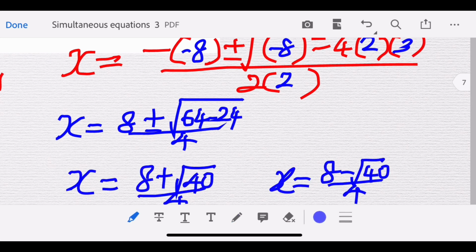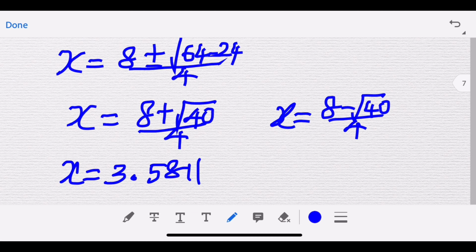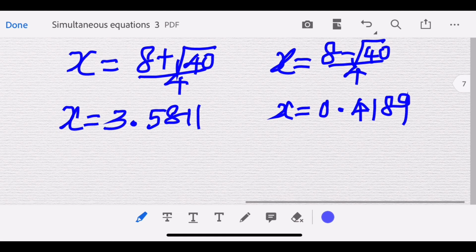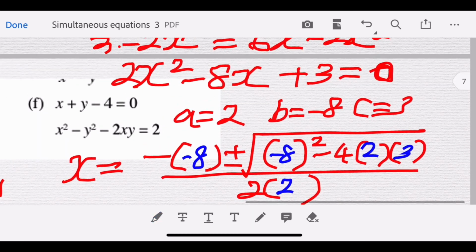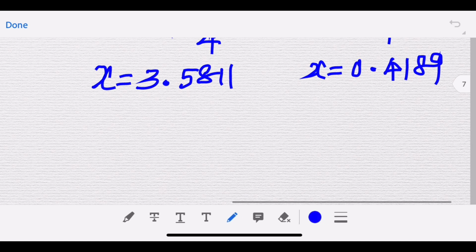If you solve it, you will get the answer in decimal places. Normally we prefer the answer in 4 significant figures if no instruction is given. We haven't solved the answer yet. We have to find y. y is 3 minus x, so we have to substitute.